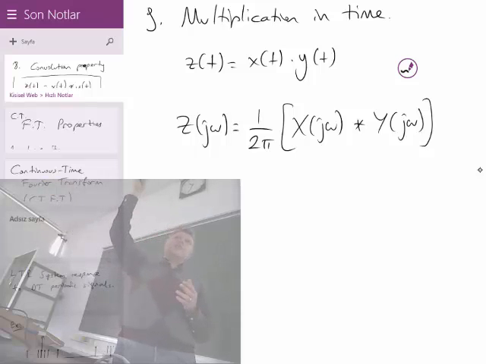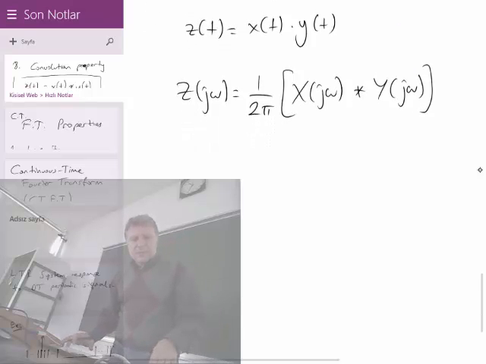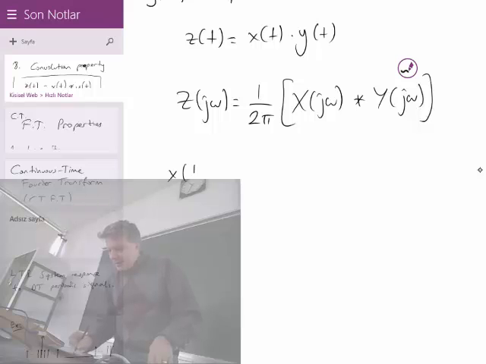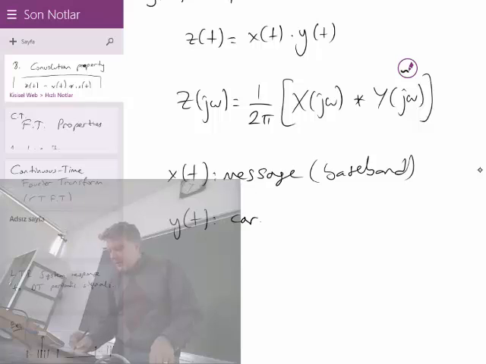So I'm modulating to high frequency, and your radio is demodulating back to the baseband so that you can hear. But the whole phenomenon of this so-called modulation is somehow, there are technical differences of course, similar to this. You are saying that your x of t is your message, which is baseband, and y of t is called a carrier, which is a high frequency sinusoid.